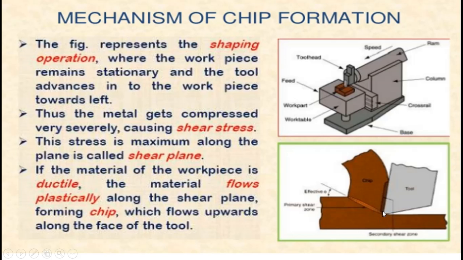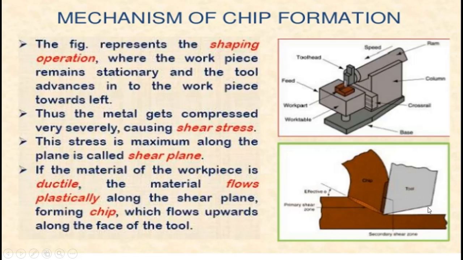In this diagram you can see that when the tool gets in contact with the workpiece, the metal gets compressed severely, causing shear stress. This stress is maximum along the plane called the shear plane. If the material of the workpiece is ductile, the metal will flow plastically along the shear plane, forming a chip which will flow upward.